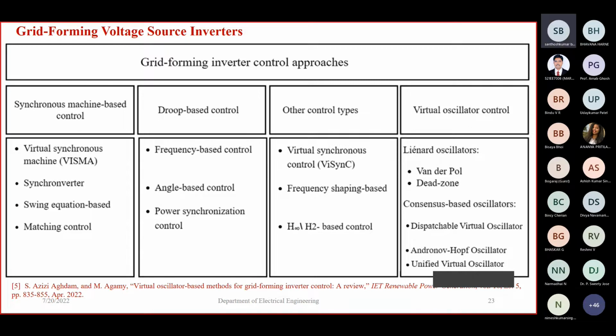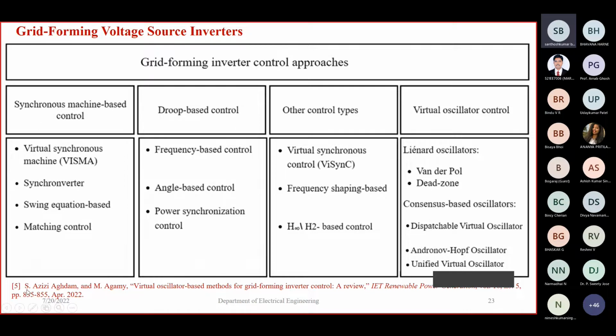We know the depletion rate of fossil fuels, so their futuristic plan is grid forming inverters. By using voltage source inverters, they form a grid. Their ultimate goal is to replace our conventional power system with this inverter based new futuristic grid.